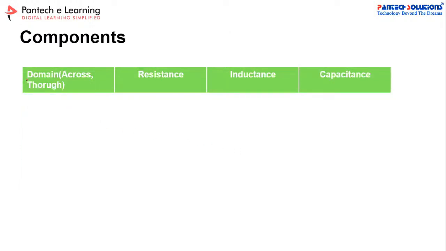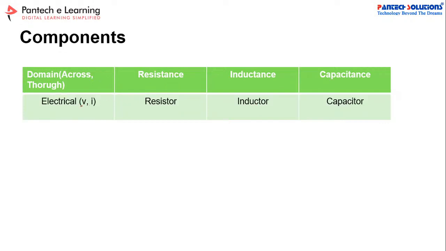In the domain, for the across and through variables, we have to calculate the equivalent values for resistance, inductance, and capacitance. As we know, the electrical through and across variables are the current and the voltage. For resistance, a resistor component is used. For inductance, an inductor component. These are energy storage devices, right? And for capacitance, the capacitor is used.